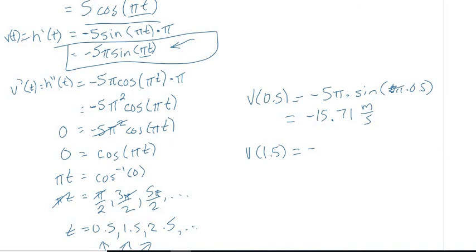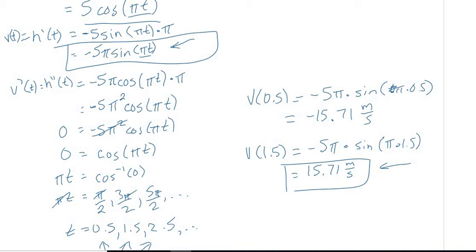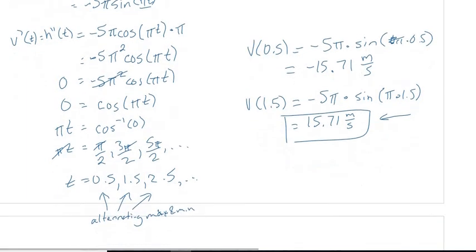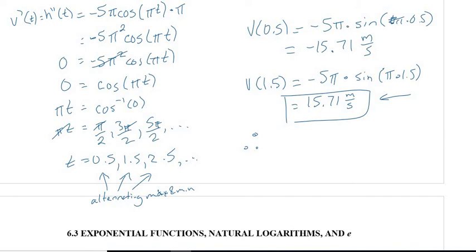And then for the speed at 1.5, it's going to be negative 5 pi times the sine of pi times 1.5. And you should get, in this one, 15.71 meters per second. So it looks like our minimum is going to be negative 15.71 meters per second, but our maximum is 15.71 meters per second. So that is going to be what we put in our concluding statement.